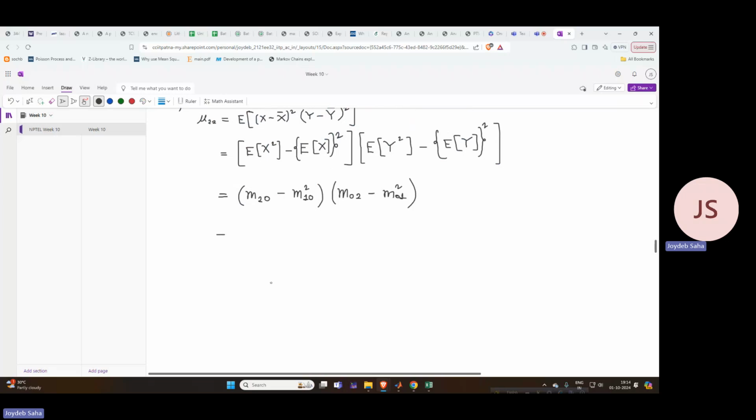Okay. Now we need to calculate, put the values, but check whether we have all the values or not.